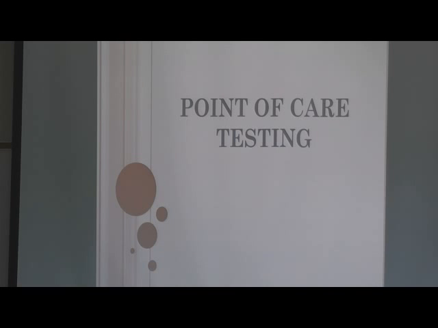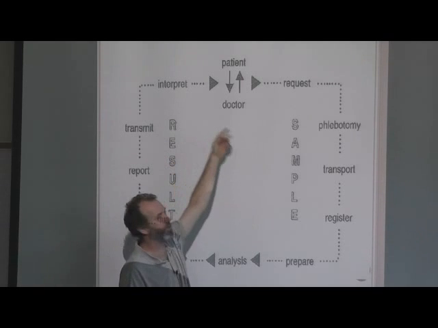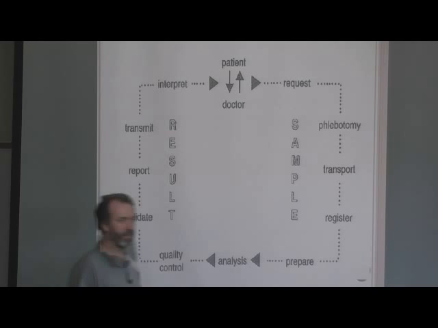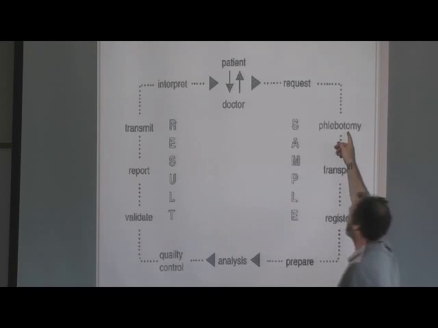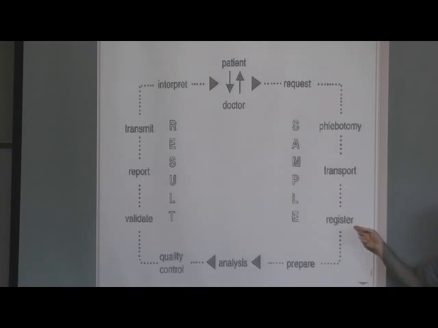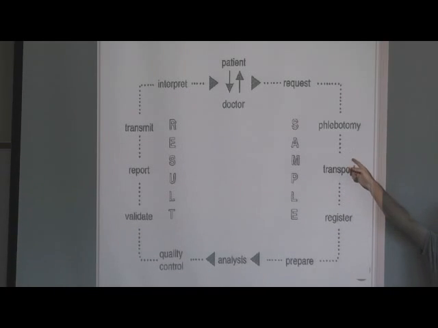What is point-of-care testing? If we go through the whole process of patient sample testing, you start off, the patient and the doctor communicate, then the doctor sends a request for some kind of test, which goes to the phlebotomy department, and they have to go get a sample. They get the sample, transport that sample, then they have to label it. You guys are supposed to label it before you leave the patient, right?